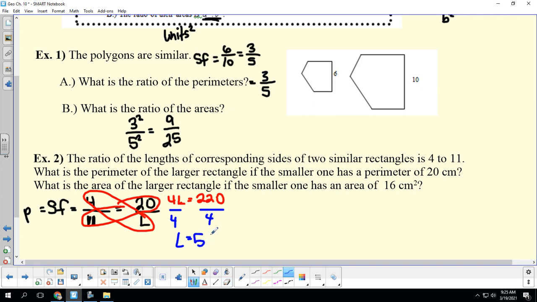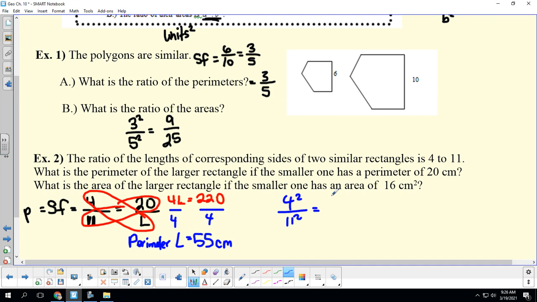So the perimeter of the larger rectangle is 55 centimeters.